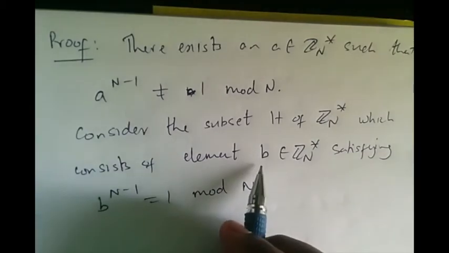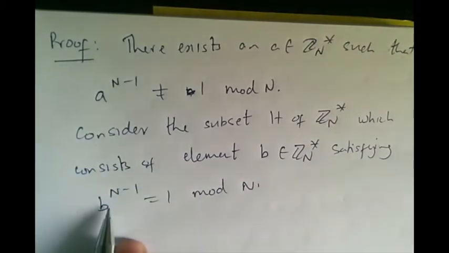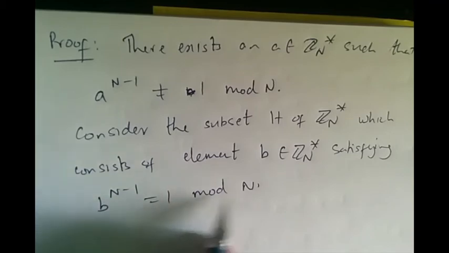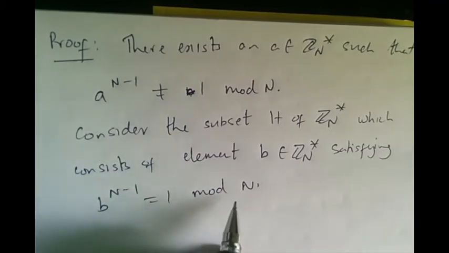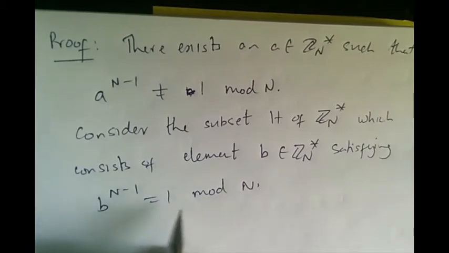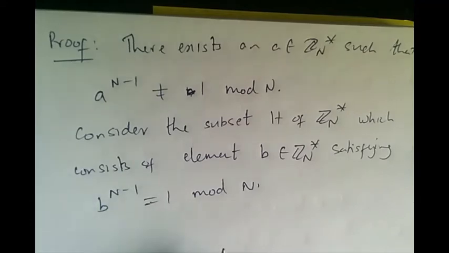So what are these B's? These are non-witnesses. If B raised to n minus 1 was not equal to 1 mod n, this would be a witness for the compositeness of n. And we are looking at non-witnesses.